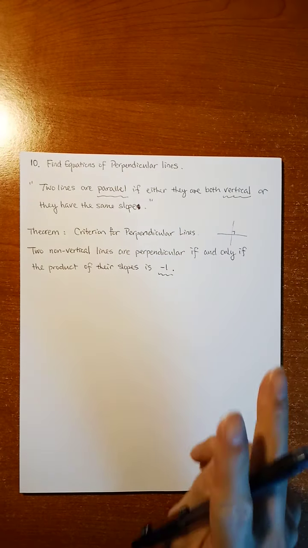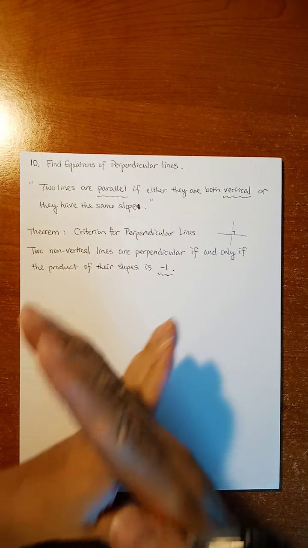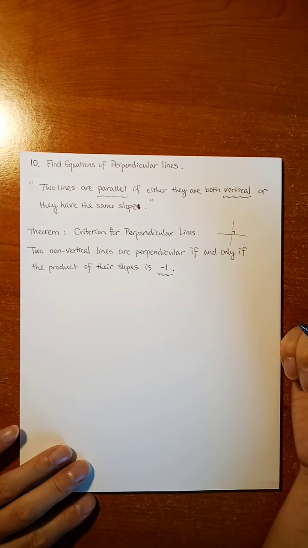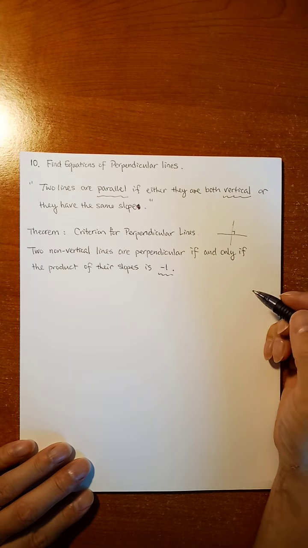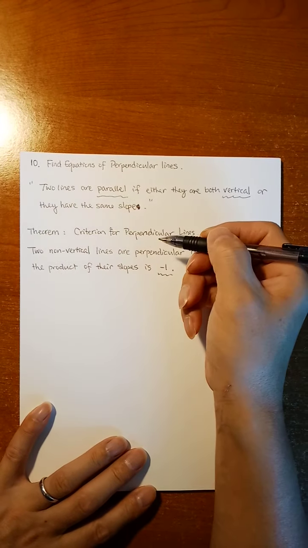Very important. If you have the product of two slopes equal to -1, you can claim two lines are perpendicular. Okay? All right. So this is a criterion.